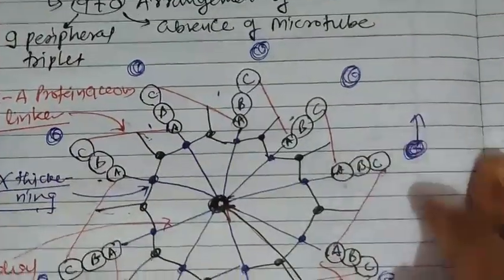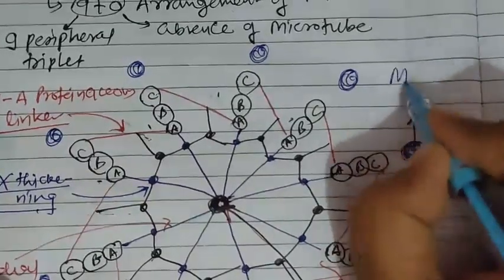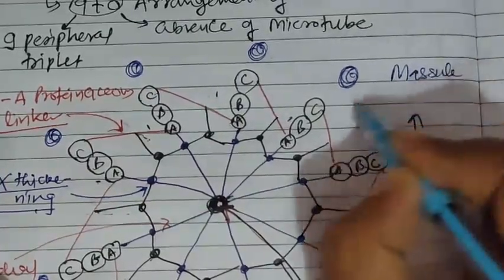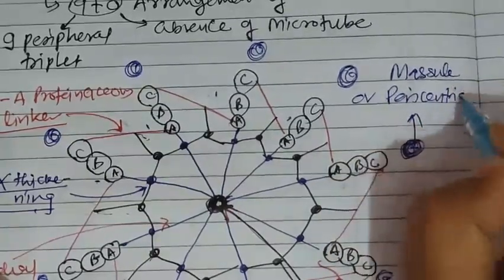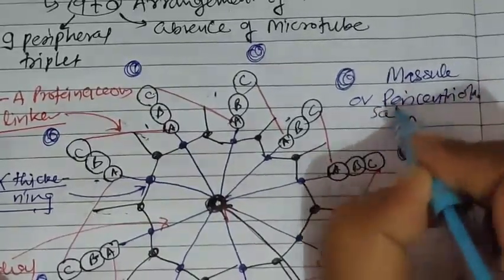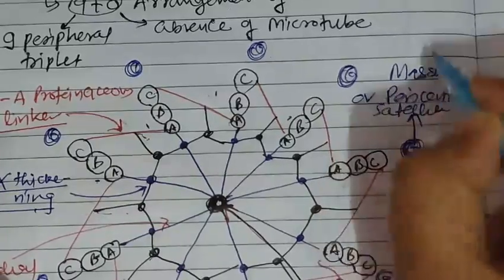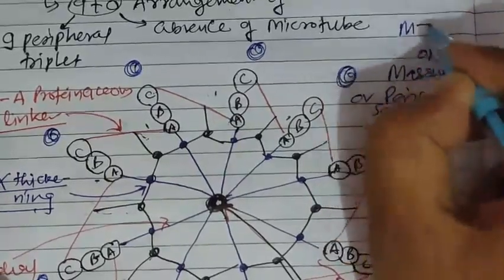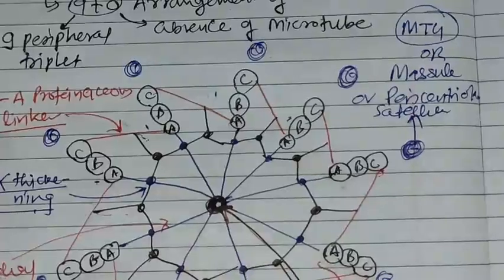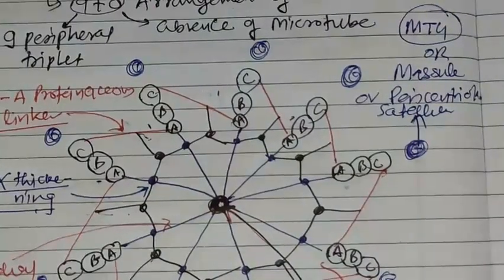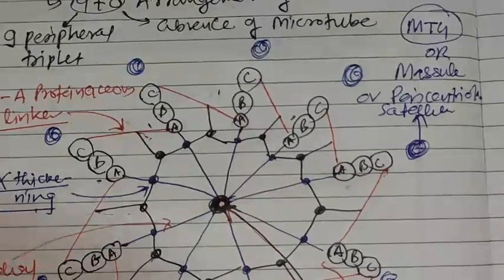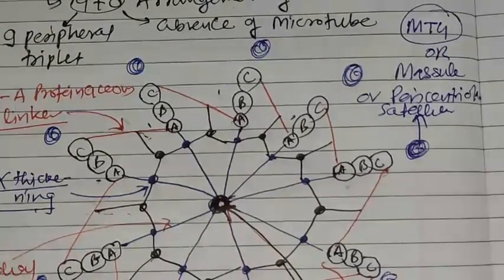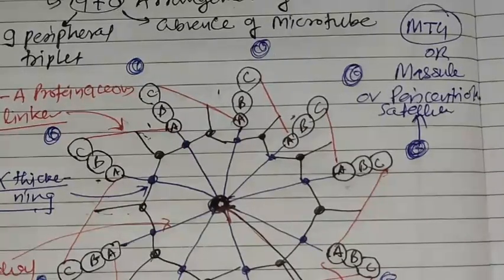This fibrous structure is known as macule or pericentriolar satellite or microtubule generator. It is known as microtubule generator because it helps in generation and extension of microtubules during astral ray and spindle formation.